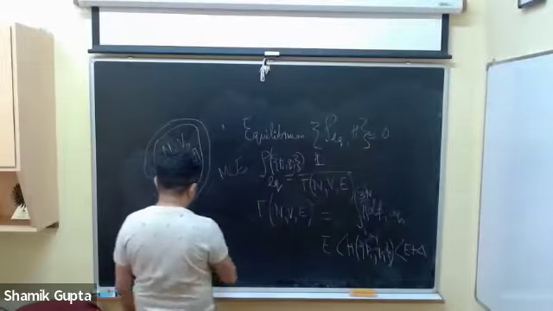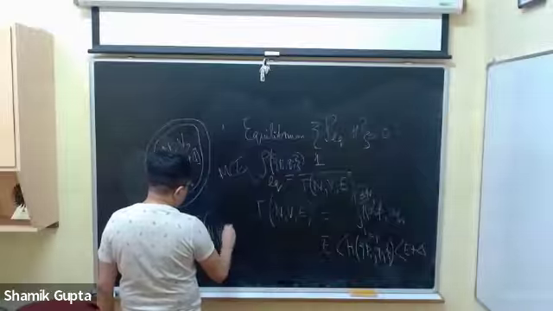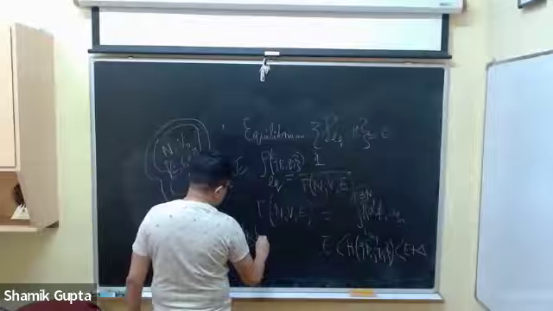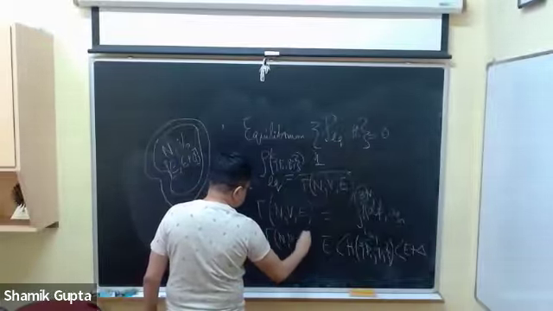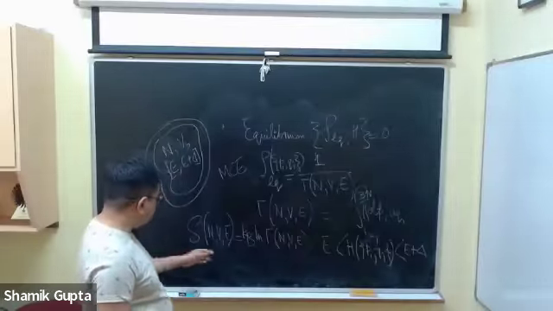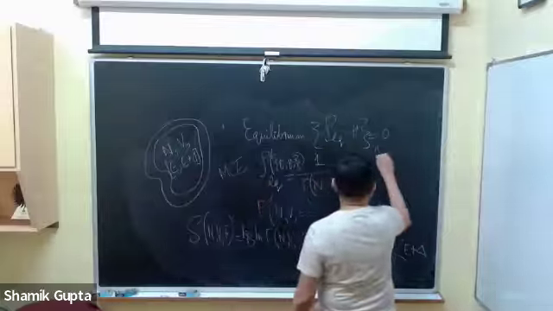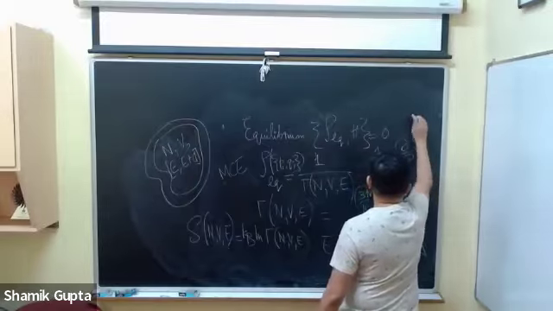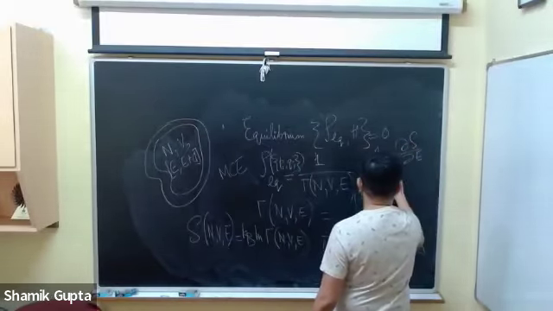Once I know this quantity, then the entropy of the system is defined to be this way. And once I know the entropy, then everything is known. Because the temperature is just defined to be the derivative of entropy with respect to energy.